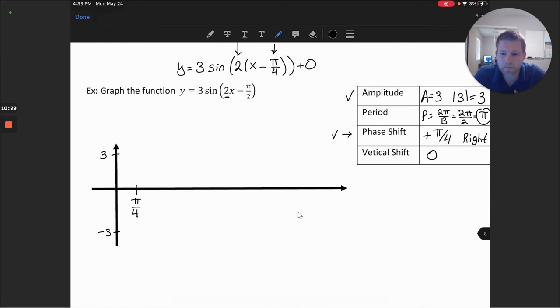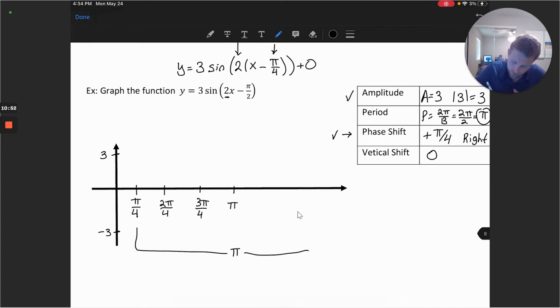So I'm going to add some pi units, and I'm going to create a graph within this range. So to do that, I'm going to continue to work out, we'll just call this 2 pi fourths, 3 pi fourths. We'll give this as pi, and then we'll have another one, 5 pi over 4.